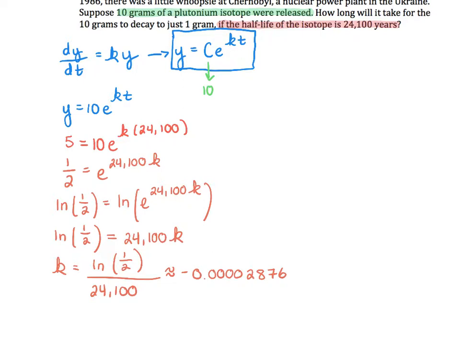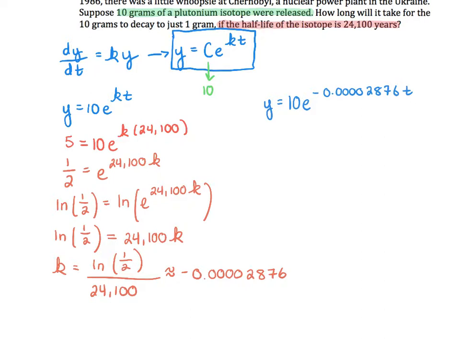But let's come back and complete our formula. So now we've got y equals 10e^(-0.00002876t). And now the question asks, how long will it take for the 10 grams to decay to just 1 gram? Well, that's easy.